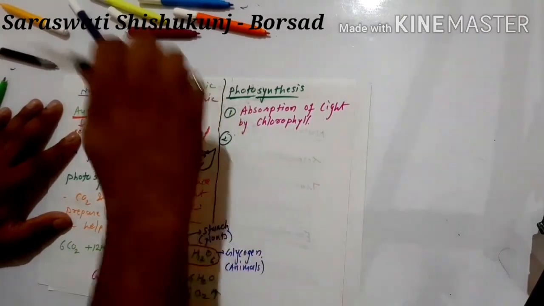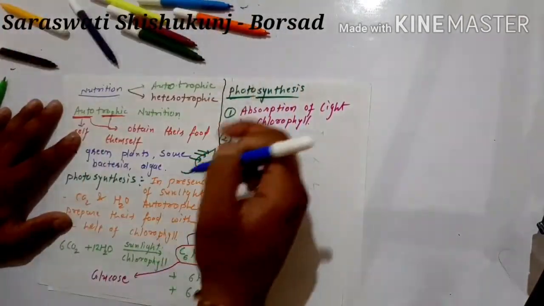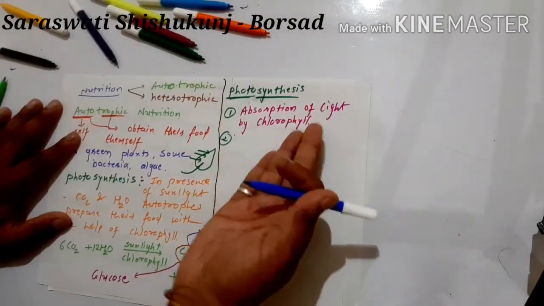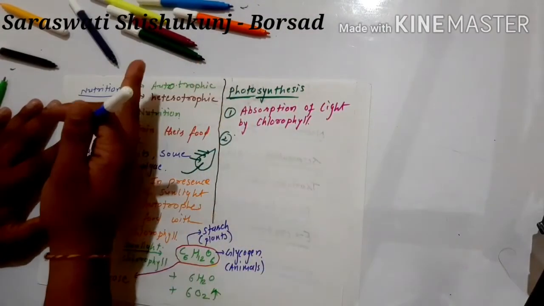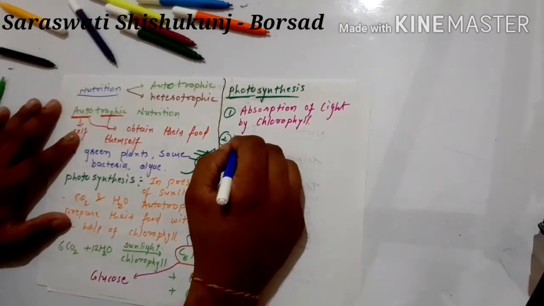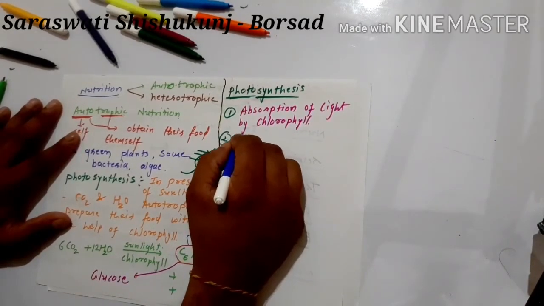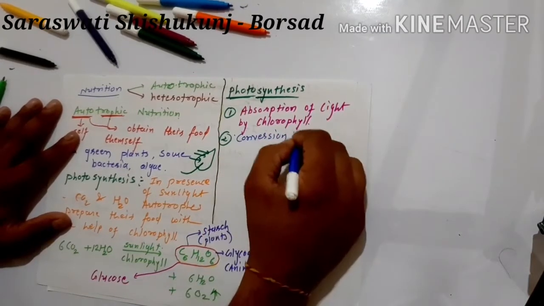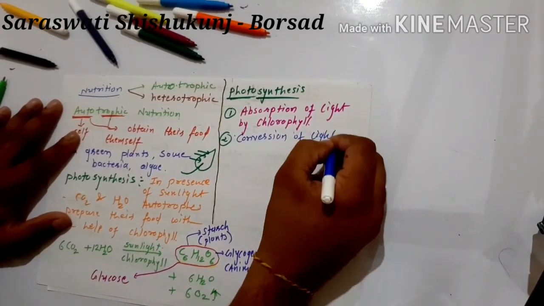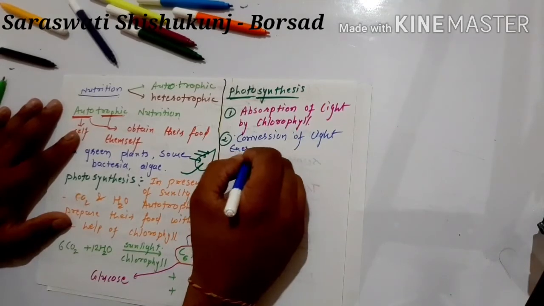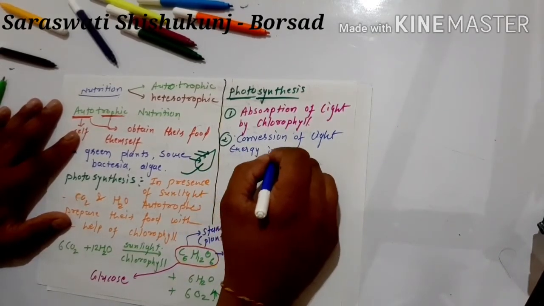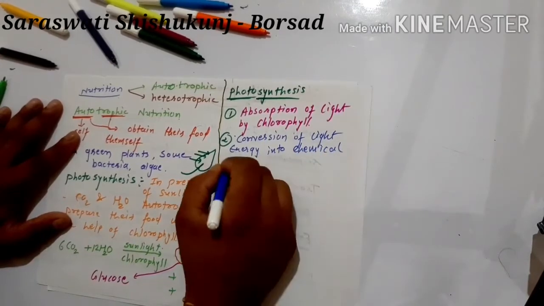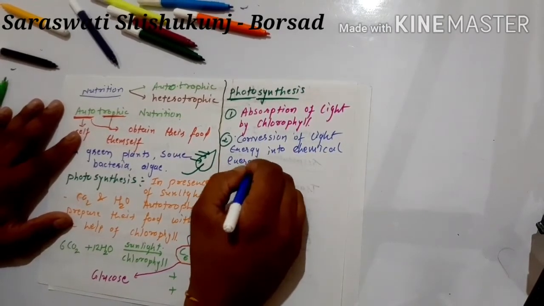The second step is, as the sunlight is absorbed by the chlorophyll, that energy will be converted into chemical energy. So here we have conversion of light energy into chemical energy.